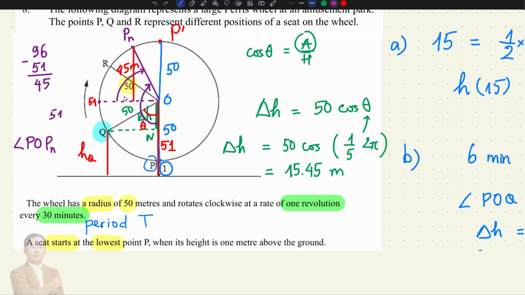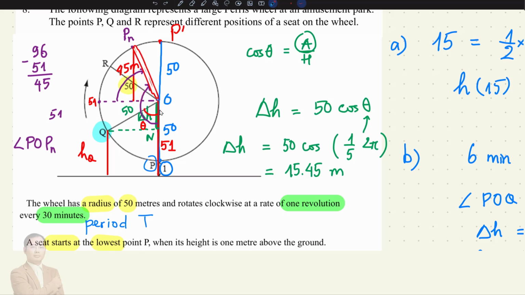Okay, for the small angle here, let me emphasize that. For this small angle, the opposite side is 45. We use this right triangle to find that angle.